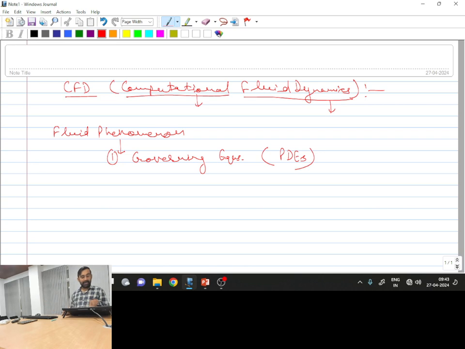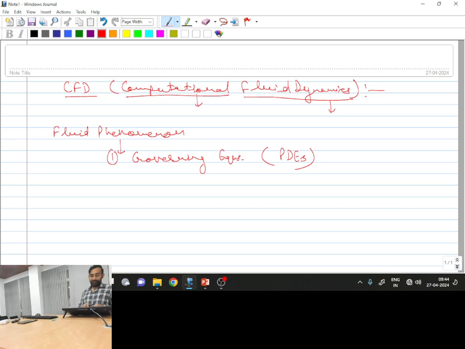Now we are saying that we will be using a computer to solve these equations. But computers cannot solve partial differential equations. Okay, so what can a computer do? A computer can only do algebraic operations and logical comparisons. Okay, so these are the only operations which a computer can do.